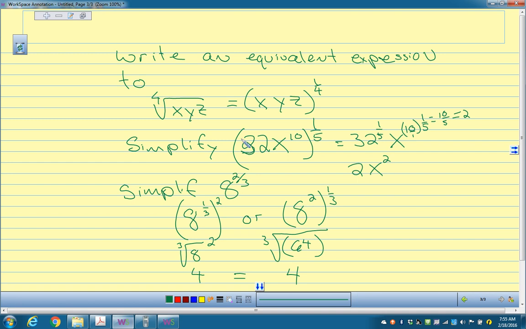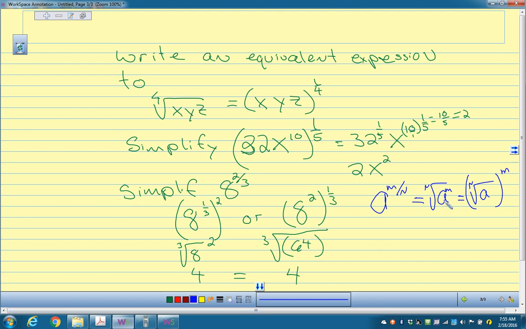Here's the rule. You should write this down in your notes. A to the m over n is equal to the nth root of a to the m, which is also equal to the nth root of a, that whole thing raised to the m power.